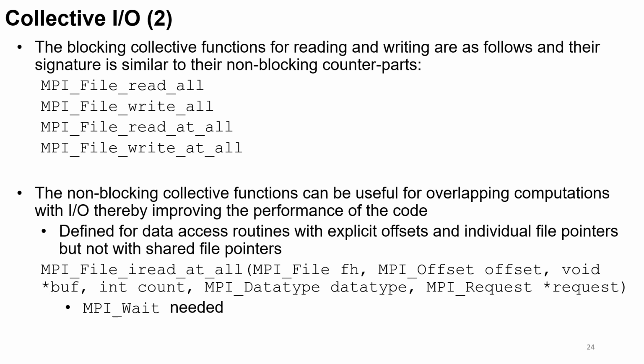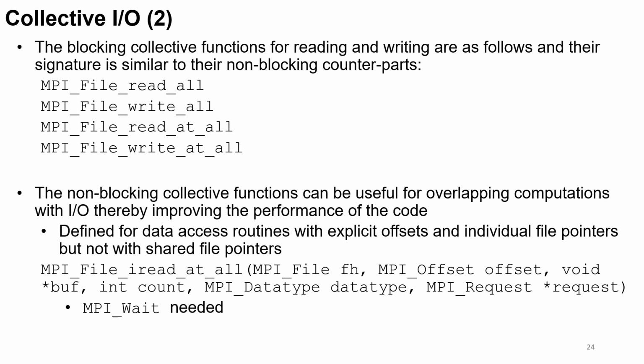It should be noted that the blocking collective IO functions for reading and writing have their signatures similar to their non-blocking counterparts. So the only difference that we would see in the signatures is in the name of the call itself. Non-blocking calls will have I included in them, as in here we have MPI file iread at all, and its blocking counterpart will have MPI file read at all.